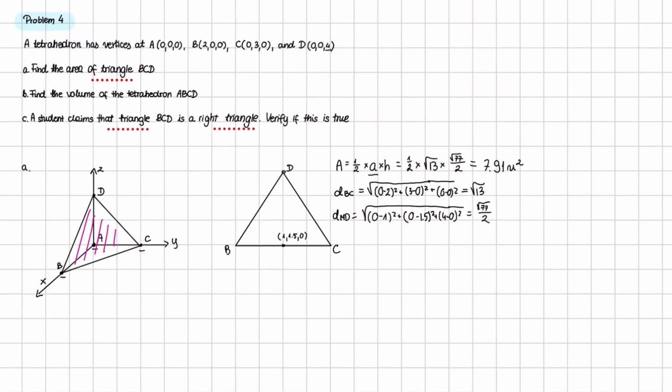B. Find the volume of the tetrahedron ABCD. So as you can observe from our image, point A has coordinates 0, 0, 0, and the rest has at least one digit other than 0. So we can treat BCD, this triangle, as base and A as a vertex.